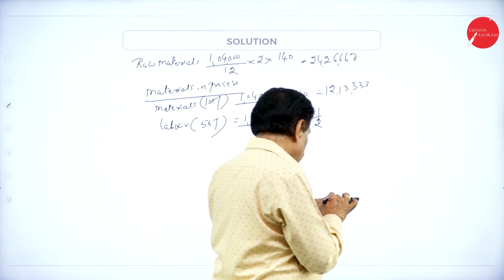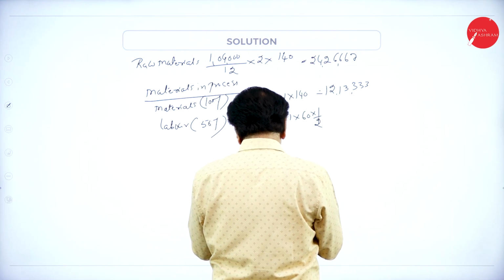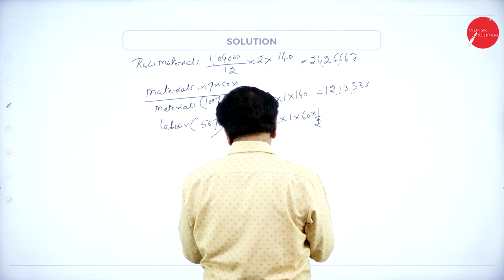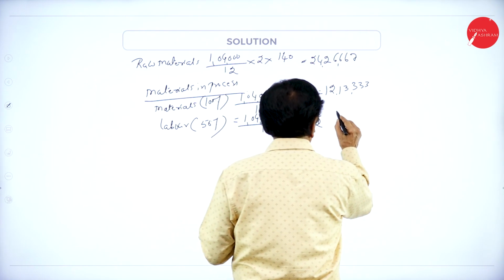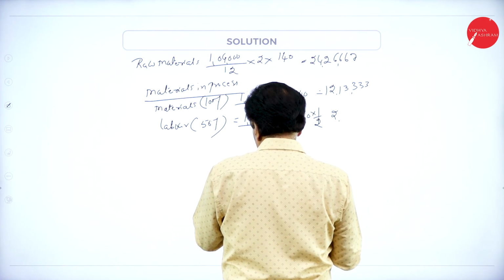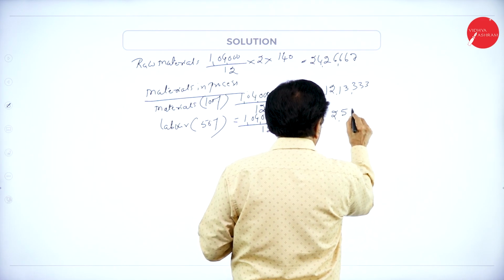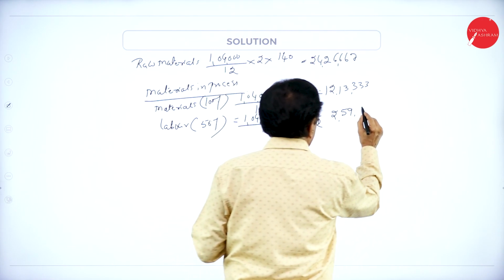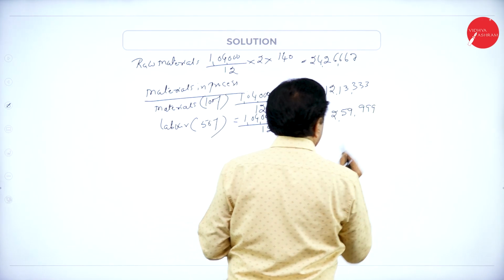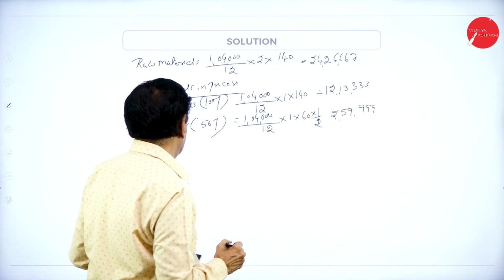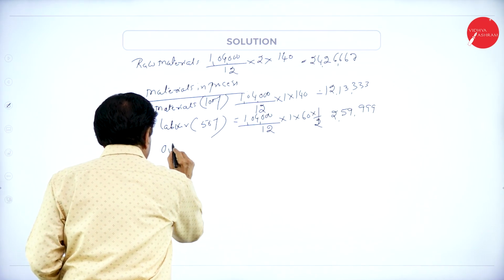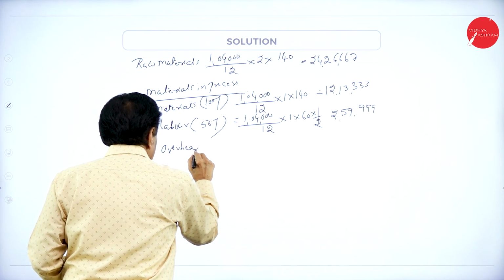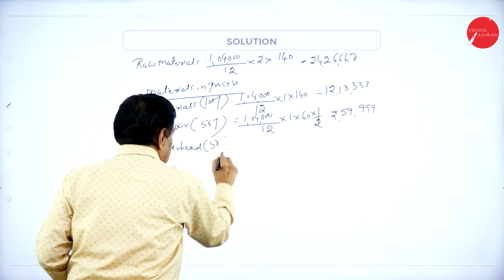So 2,59,999, say 2,60,000. Overhead 50%.